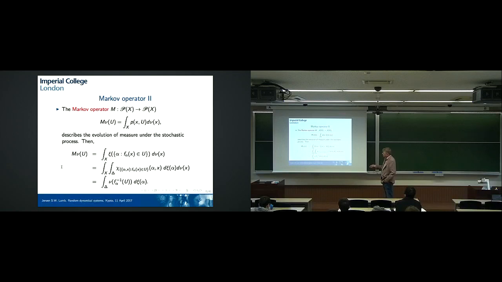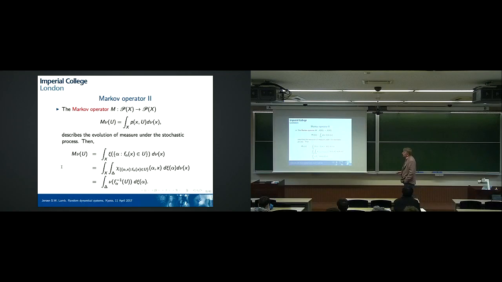And here precisely this is the integral of the delta with respect to this measure psi, which indicates the probability that alpha happens, and then the probability is combined with the measure and the action of f on this measure, which acts as the inverse of the argument. In the finite case, if we have a finite number of elements here, this is just a sum over p_i times mu of f_i inverse of U. So this is my Markov operator.